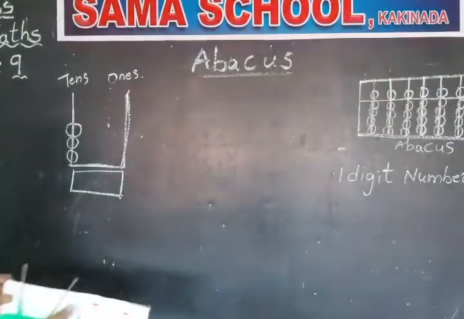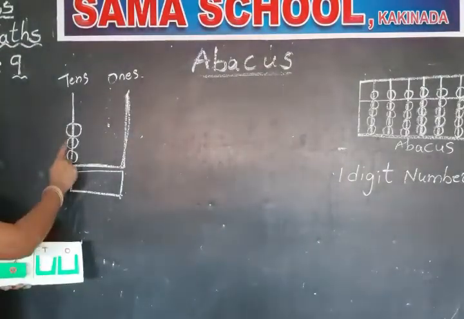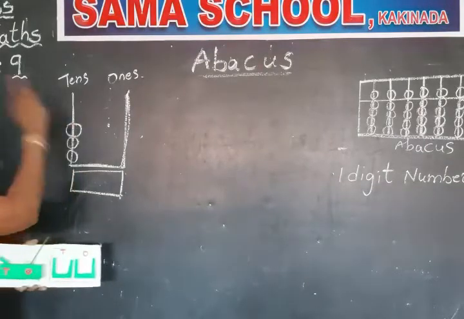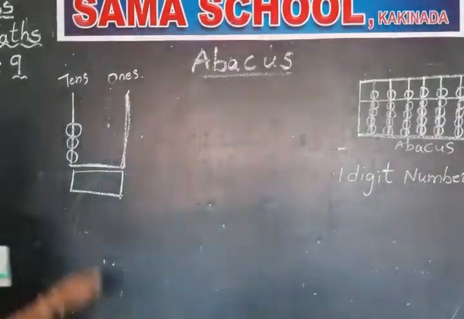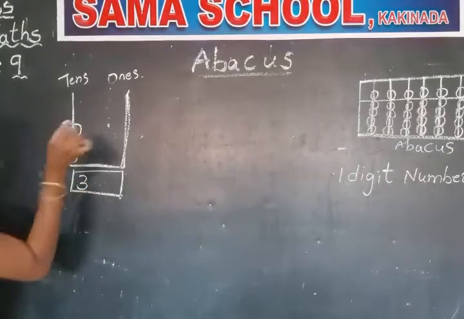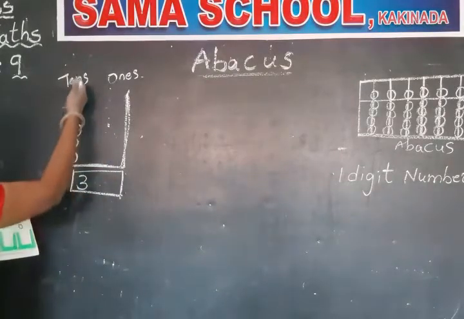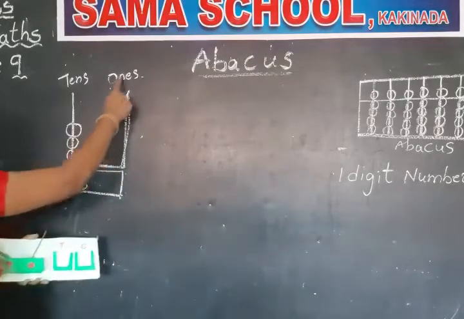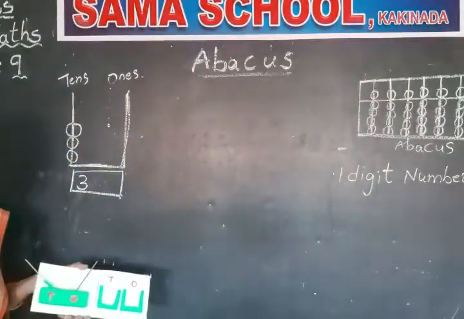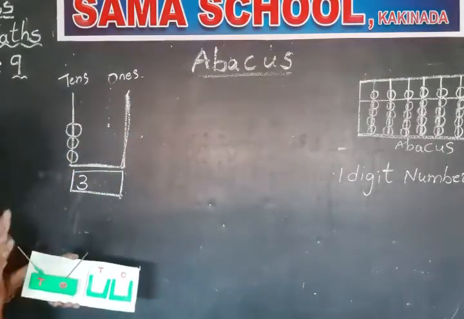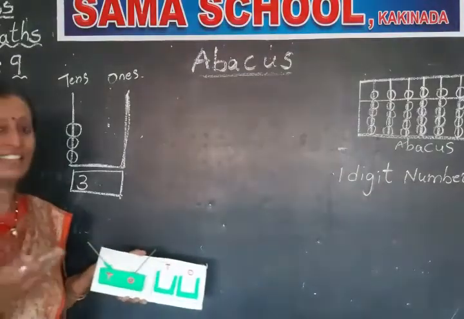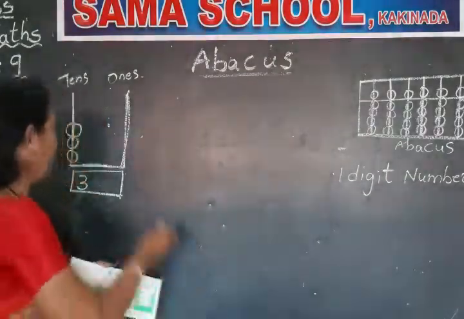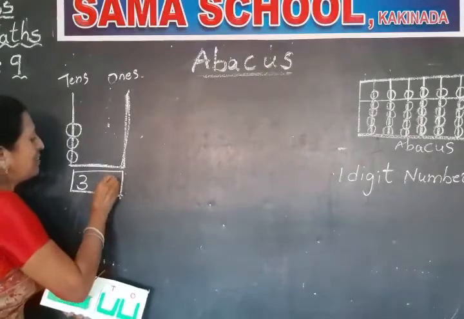In the tens place how many beads? 1, 2, 3. Here 3 beads. And in the ones place, are there any beads? No. Nothing means 0, so you put a 0.